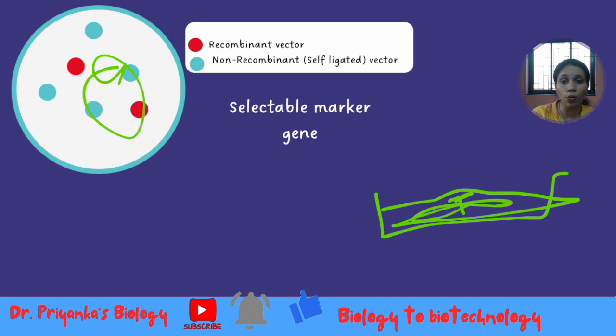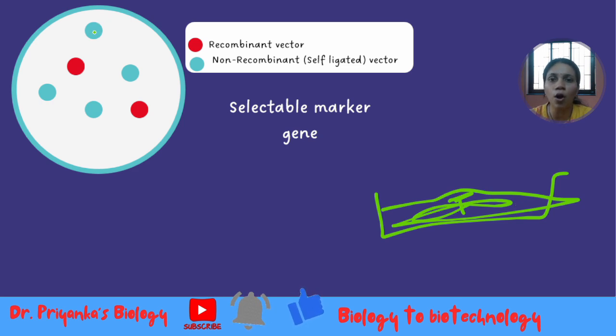Only those will grow which consist of the cells that carry the normal pBR322 and not the inserted DNA. Why is this happening? We have to consider two things here. On this place we have tetracycline resistance.